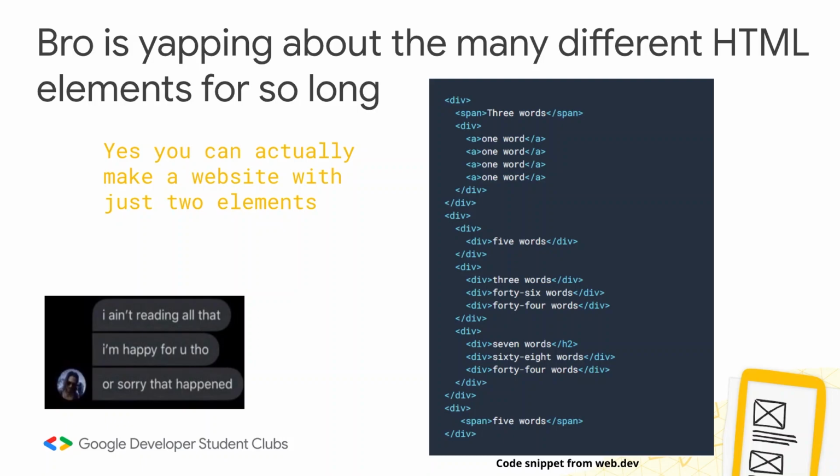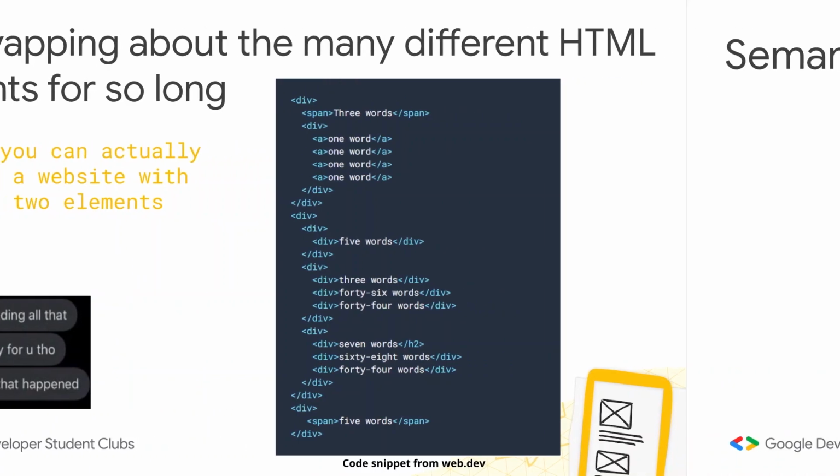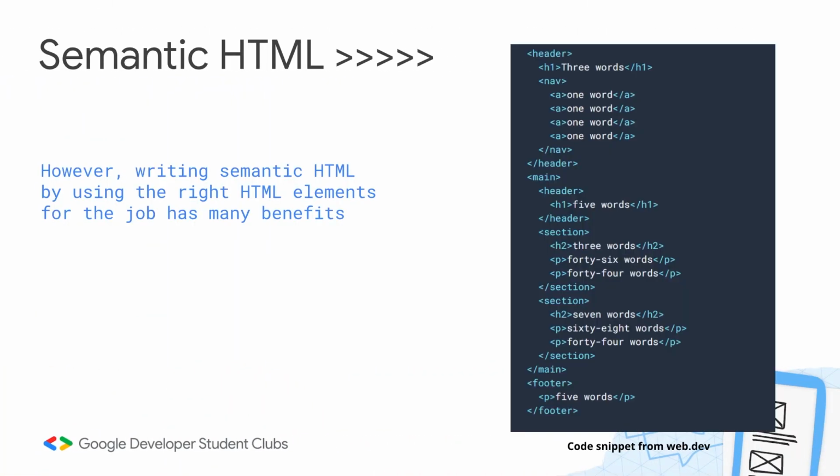So this is essentially what I was talking about. Semantics also works for you as you read your HTML code, which in introductory you might often be doing. So in this example, a bunch of divs. This doesn't really tell you what it is, but if we add some HTML semantics, suddenly some of this starts to make sense.